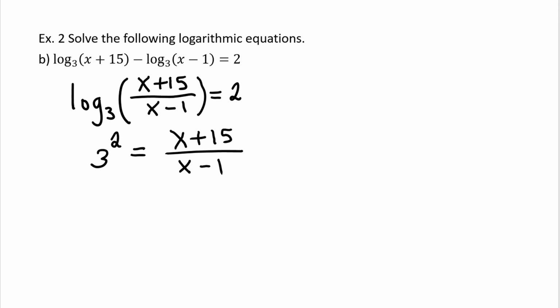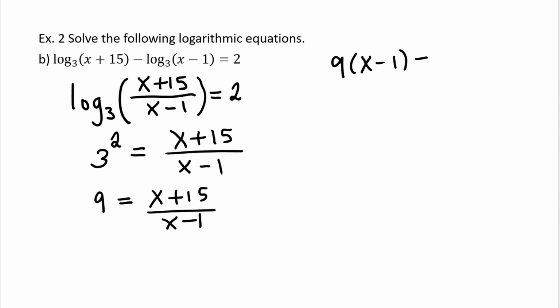We would write that 3 squared, which is 9, equals x plus 15 divided by x minus 1. Let's multiply the denominator through, and so we'll have 9 times the quantity x minus 1 equals x plus 15. Now distribute the 9 on the left-hand side, so you'll have 9x minus 9 equals x plus 15.